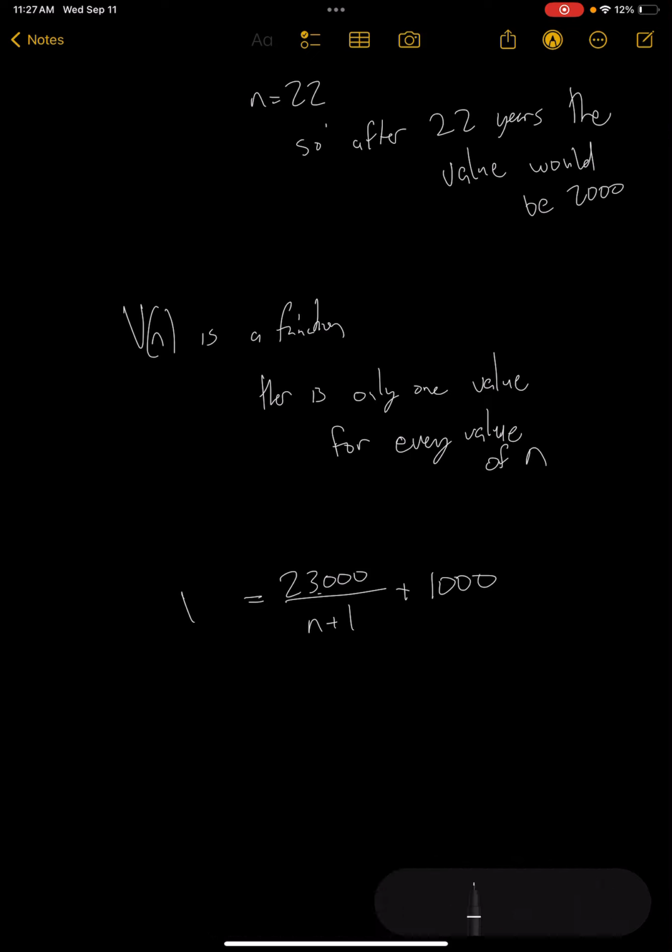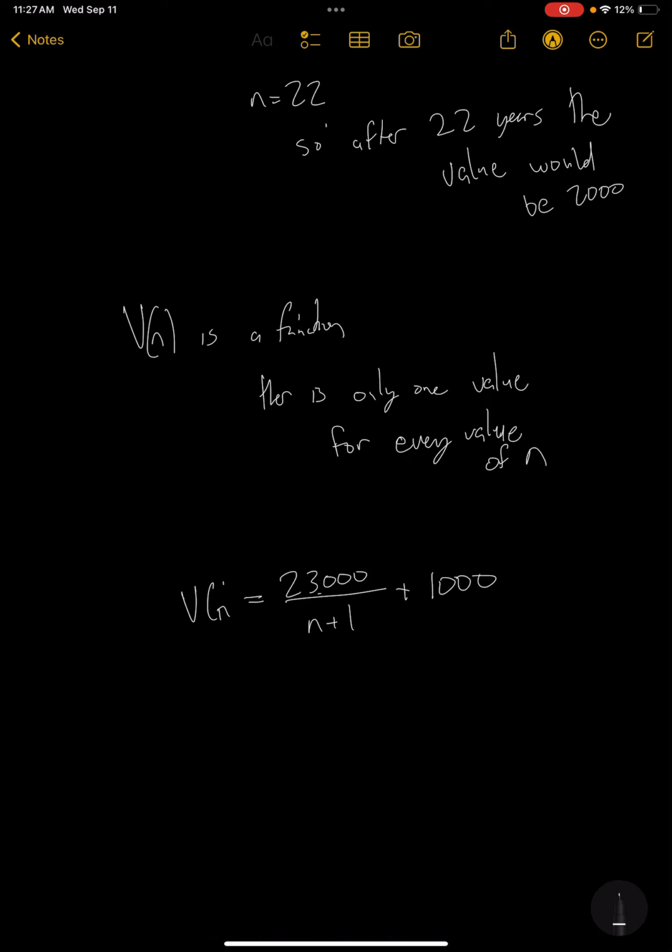V of n. Basically, this can never be 0, so the minimum value is just over 1,000.